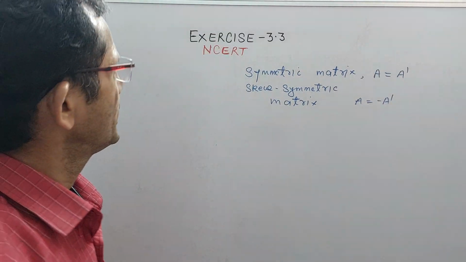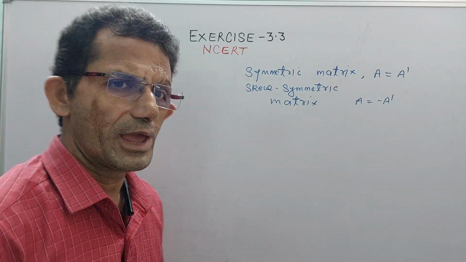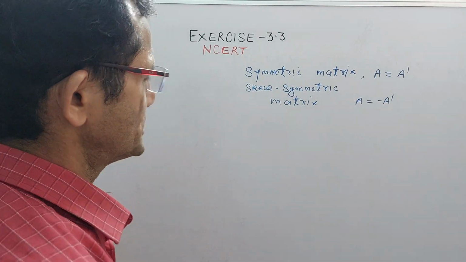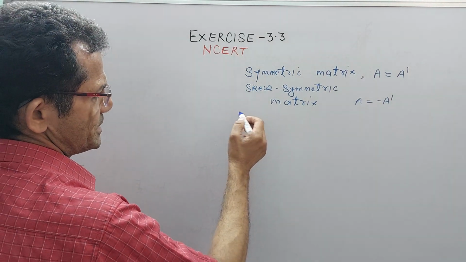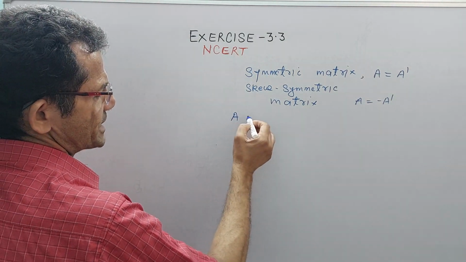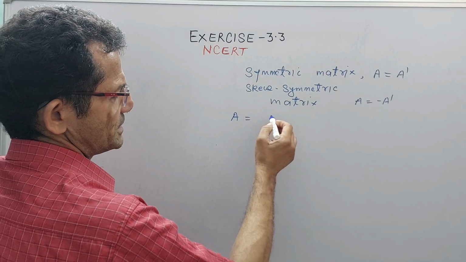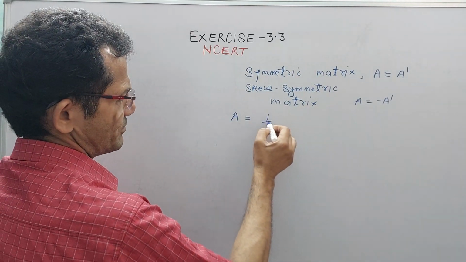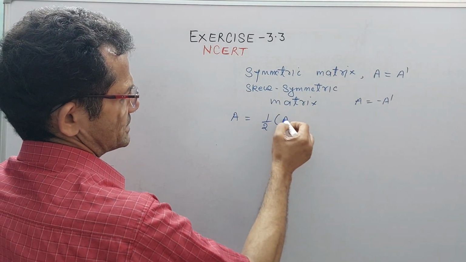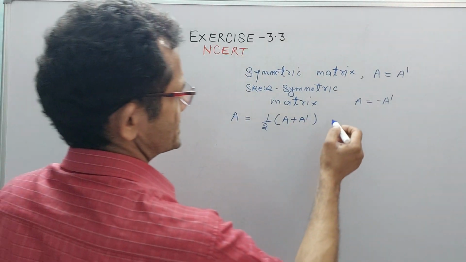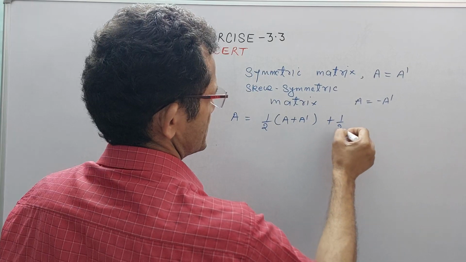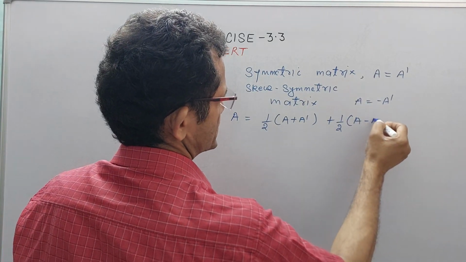So now in this exercise, we are given a matrix and we have to convert it into a sum of a symmetric and an anti-symmetric matrix. We know that any matrix can be written as the sum of a symmetric and an anti-symmetric matrix: half of (A plus A dash) plus half of (A minus A dash).